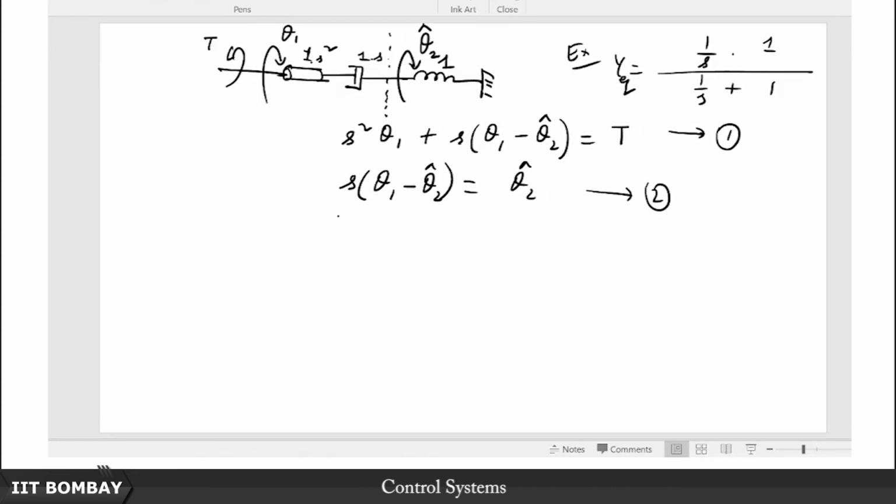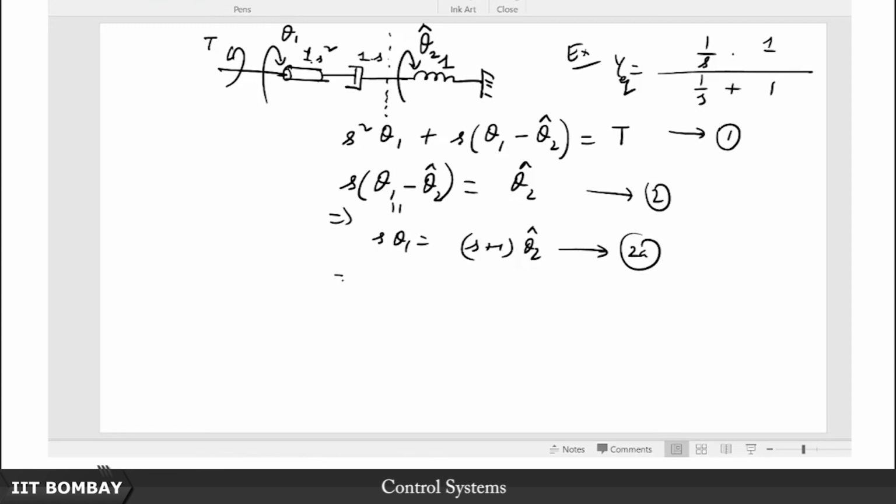So quickly what I am going to do is, from this second equation I am going to write down S theta 1 is equal to (S plus 1) theta 2 hat, right. Let us call this 2a, and then I am going to plug this into the first equation. I want to get rid of this theta 1.